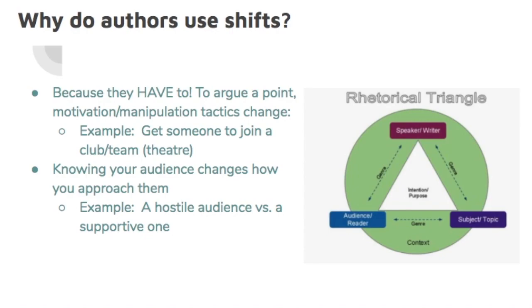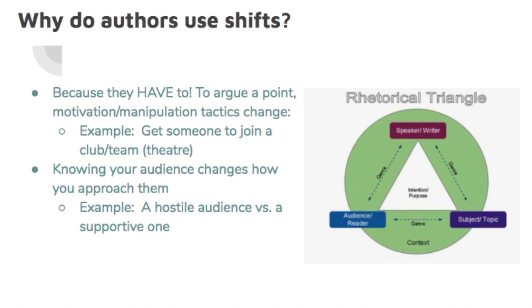The same thing happens because audiences are also fluid. So you could begin with an audience that doesn't agree with you, and as you continue to speak or write, the audience begins to agree with you. So the tactics that you use early change as you go throughout the piece. So you as a writer or a speaker need to be able to shift as your audience shifts.